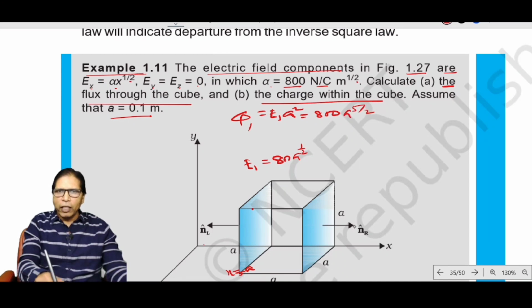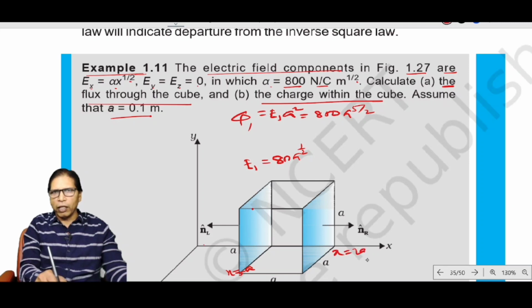No problem. Now look at this, at this point x equals 2a. So the electric field E2 equals 800 into (2a) to the power half. No problem. So the flux phi 2 equals 800 into (2a) to the power half into a square.